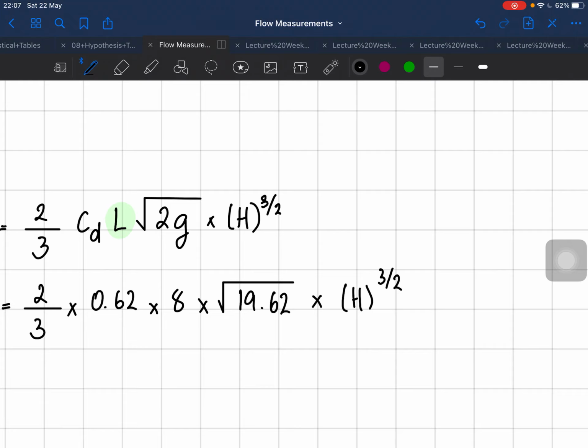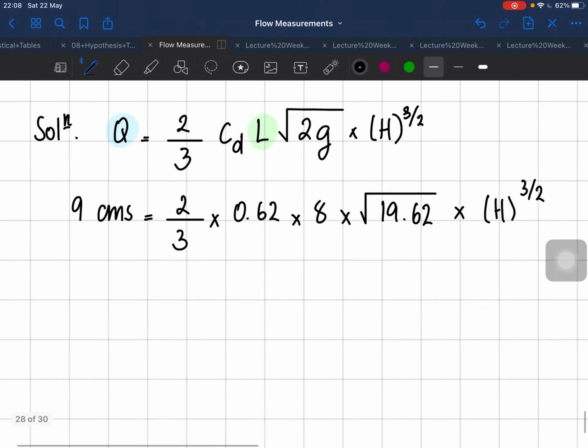Okay, so basically we're trying to solve for the H, so we can use our solver here to solve the value for you guys together. So it's 9 equals 2 over 3 times 0.62 times 8 times square root of 19.62.